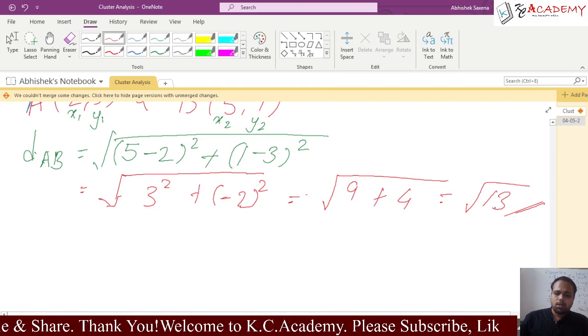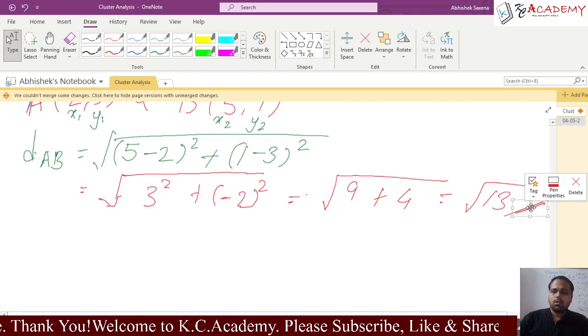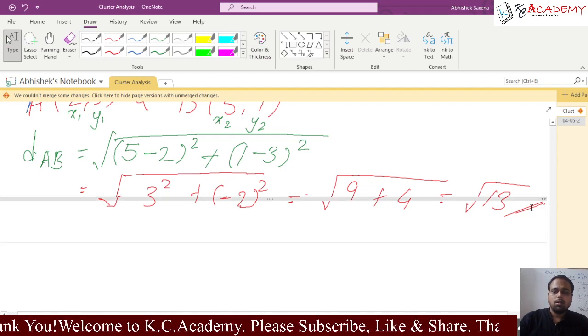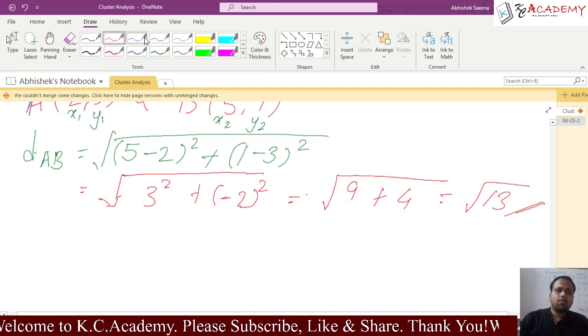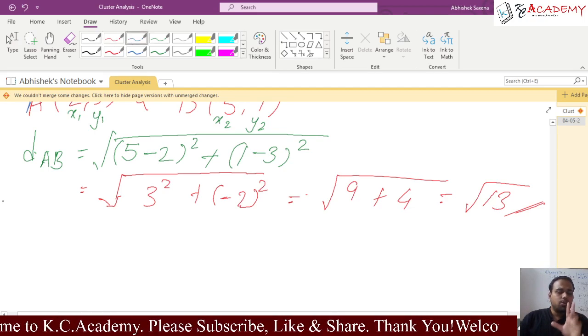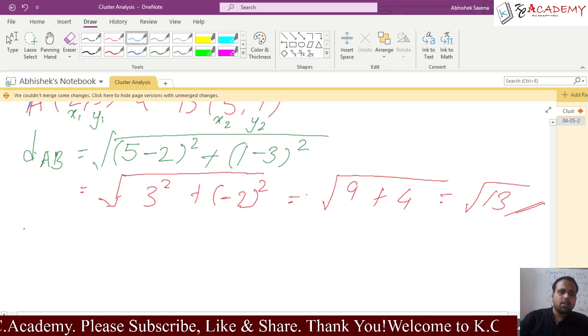Now we'll talk about the centroid, how to solve for the centroid, because we have to use 2 things in this cluster calculation, cluster analysis.